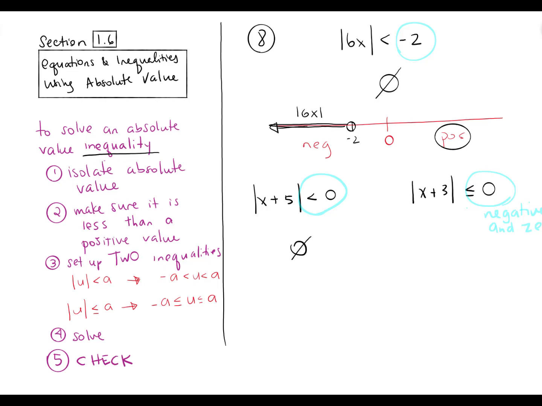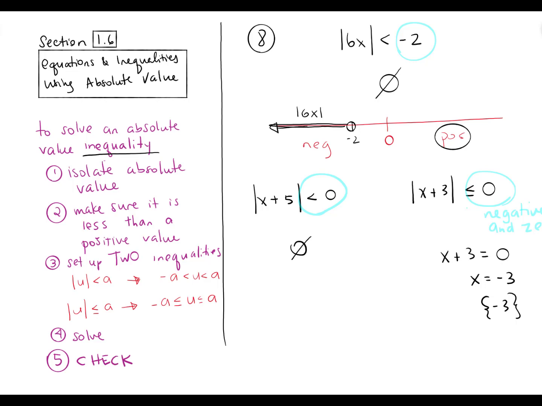So when I have something like this, can my absolute value be negative? No, it cannot. Can my absolute value be 0? Yes, it can. So I'm going to say x plus 3 can be equal to 0. So x can be equal to negative 3. And here I would have only one solution. And this is somewhat confusing. It really just depends on what your symbol is and what that symbol means.